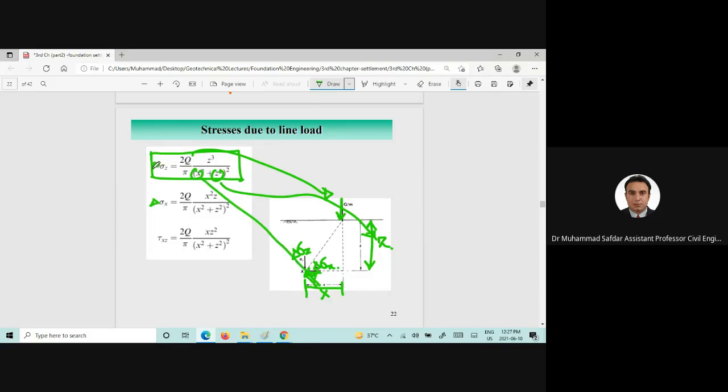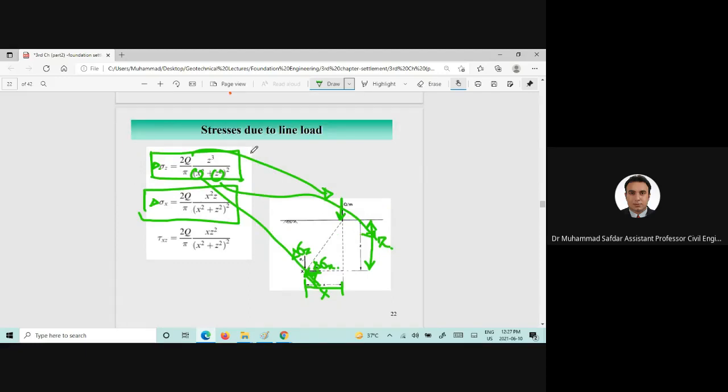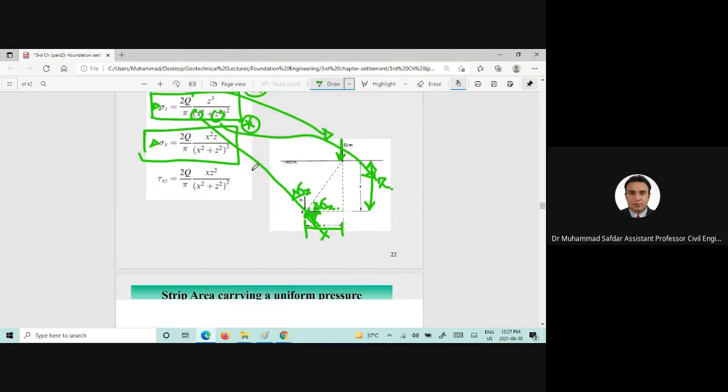You can find delta sigma z and delta sigma x, or the shear stress as well, but note these two values because we are going to use them in solving examples.